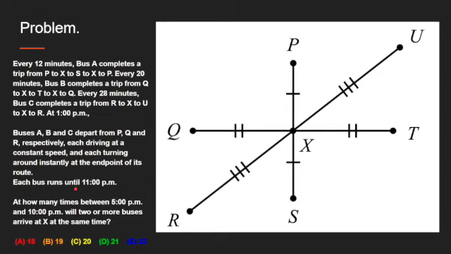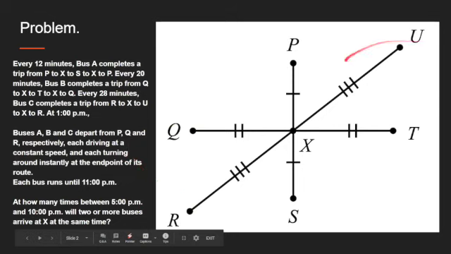It's a multiple choice question: A is 18, B is 19, C is 20, D is 21, and E is 22.